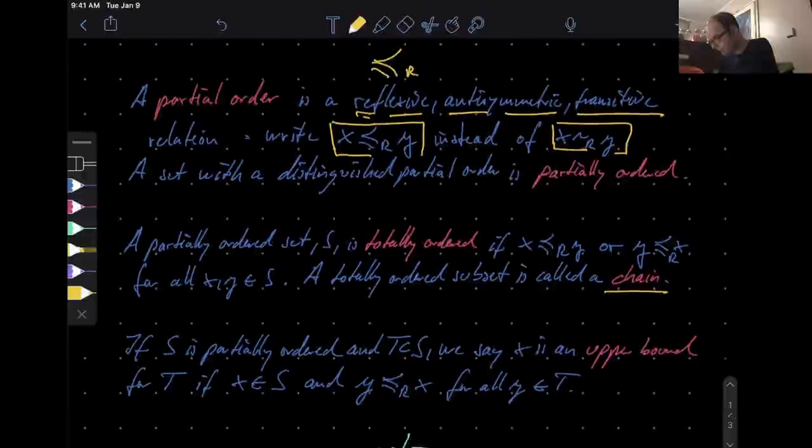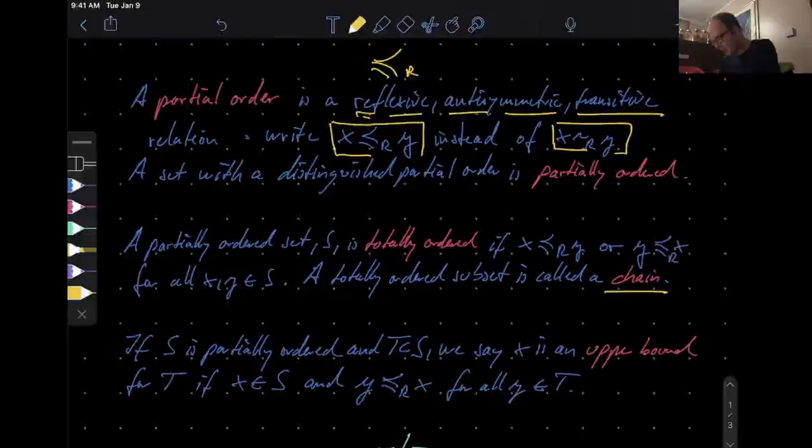Good. Then the next one is the upper bound. That's kind of easy to understand why we care about this. If you again look at the real line, then you have these maxima, minima, supremum and infimum, and this is hidden here in a more general context in the upper bound.